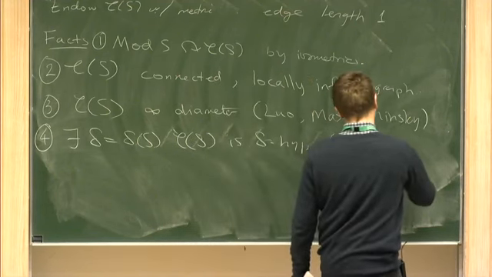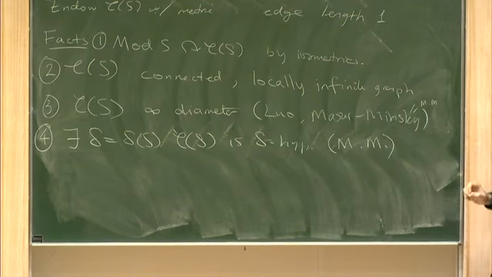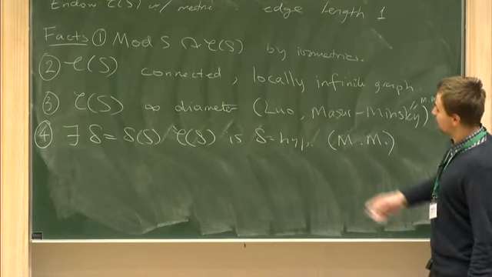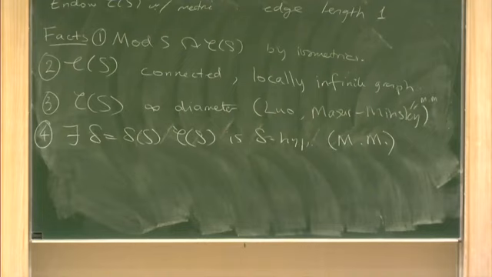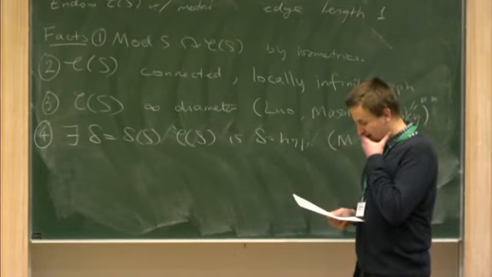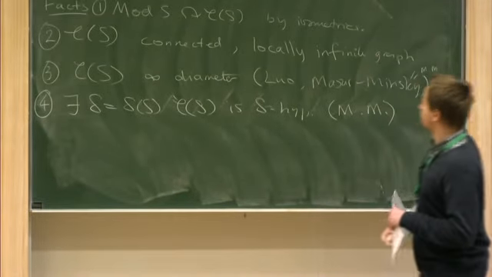Also due to Masur-Minsky. I'm going to abbreviate Masur-Minsky as MM because I will write their names quite a few times during this talk. In fact, we know that delta doesn't depend on the surface now, which is due to Aougab, Bowditch, Clay, Rafi, Schleimer, Hensel, Szymik, and myself. I will say some more interesting facts about it later.